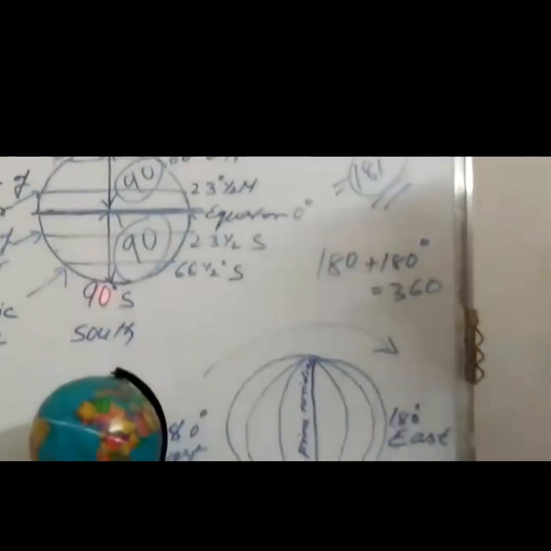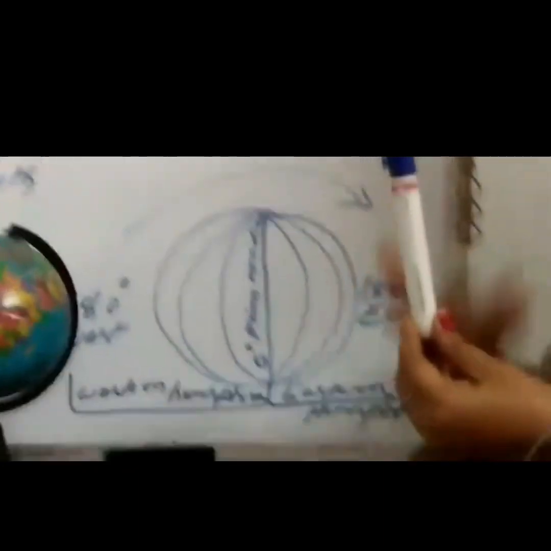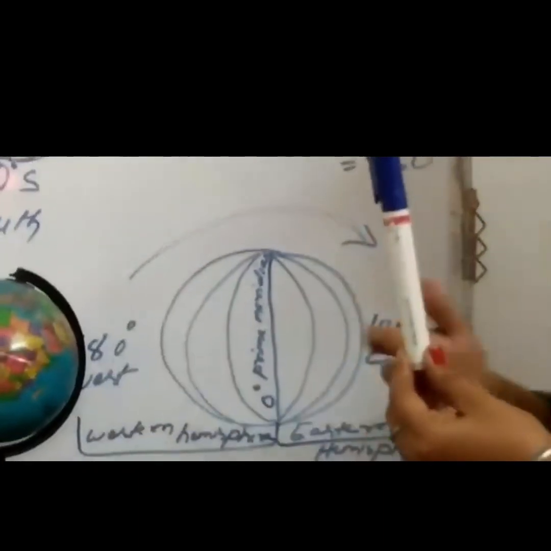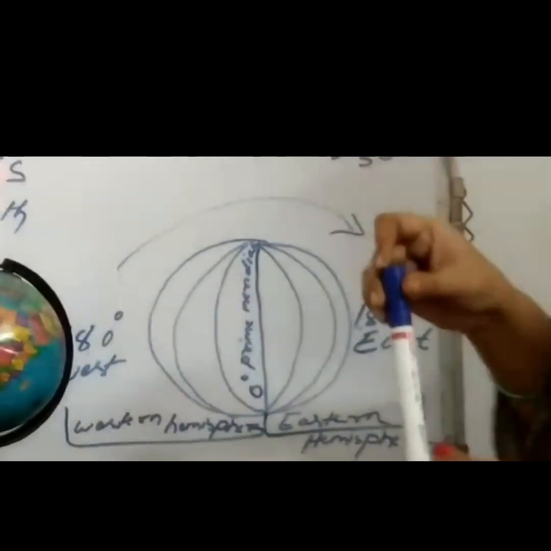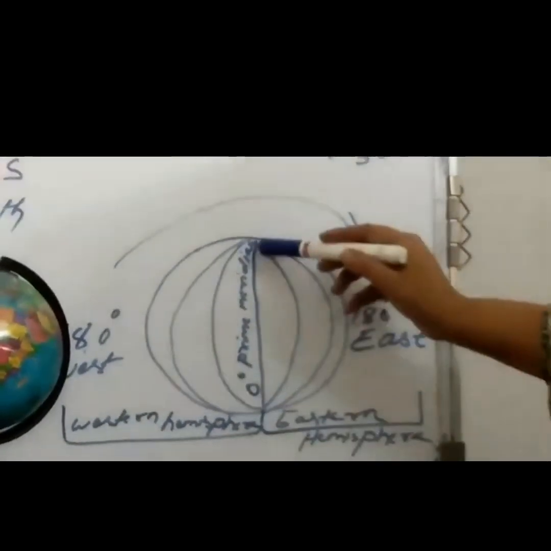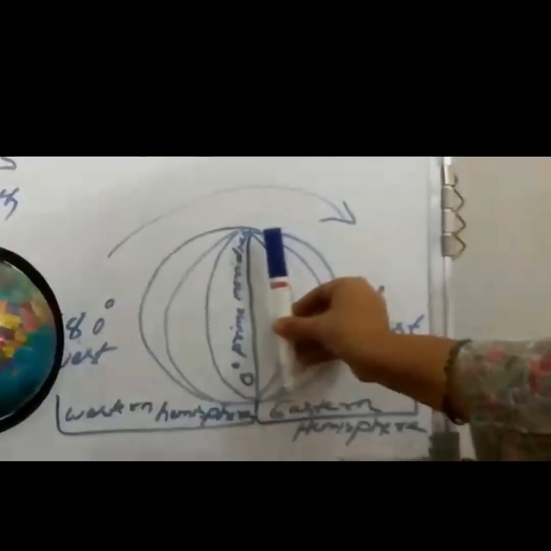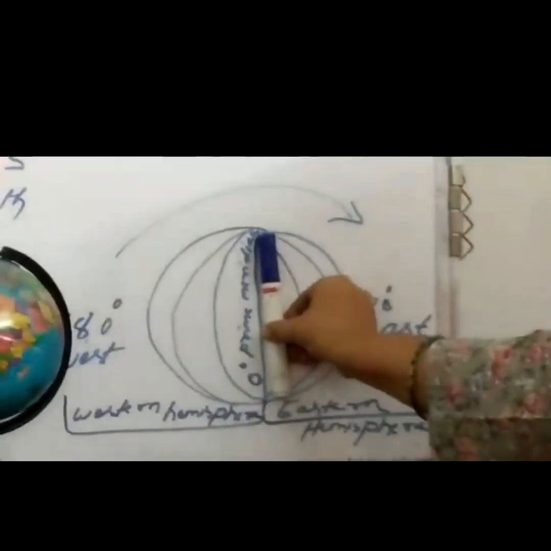Now we come to our next topic, longitude. I have already told you the word sounds long, longitude. Again we have one important imaginary line, the prime meridian.